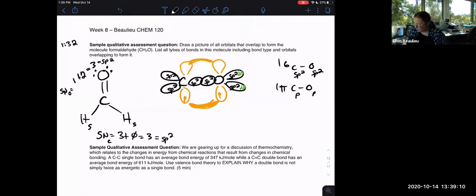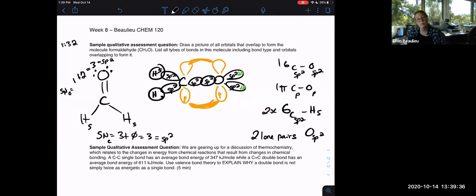For the carbon, there are 2 more bonds between the sp2 orbitals of carbon and the s orbitals of hydrogen. So there are 2 lone pairs also in oxygen sp2 orbitals. Now, does my tally make sense? I've got 1, 2, 3, 4 bonds. I've got 1, 2, 3, 4 bonds. So my tally makes sense. I've got 2 lone pairs accounted for here.